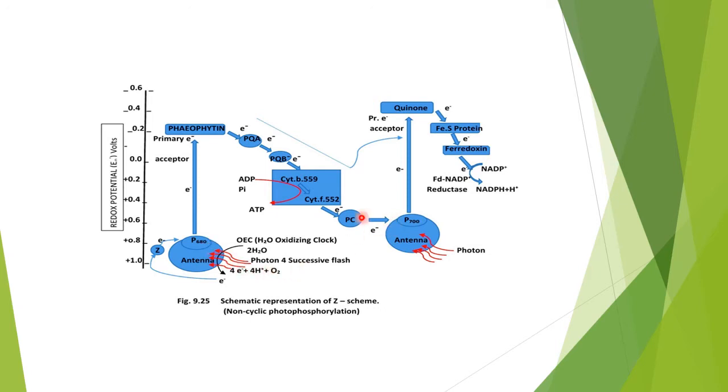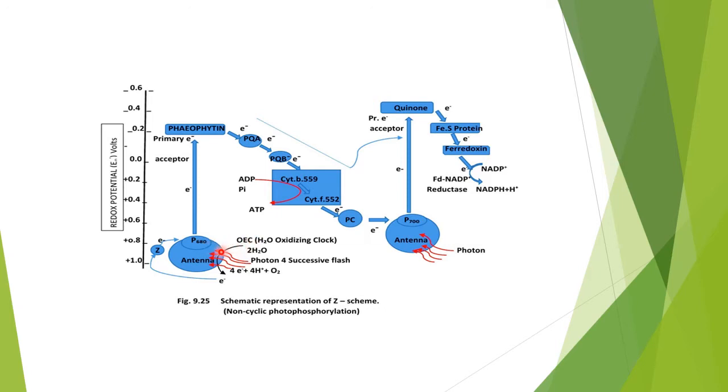Now this will transfer its electron to this system, but when there has been the excitation of this system, at that time there has also been the photolysis of water, because pigment system second contains an oxygen evolving complex. We'll discuss it separately.